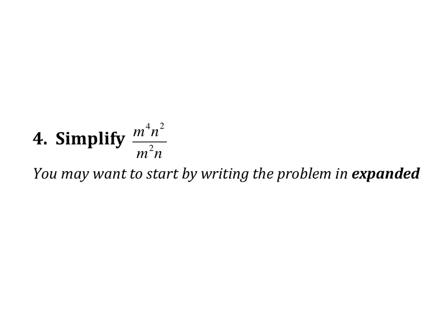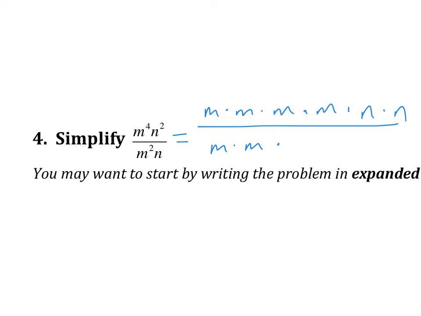Number 4, let's do another example, and then we'll just write down the rule to help solidify this for ourselves. All right, m to the 4th n squared. So that's m times m times m times m times n times n all over m times n times n.